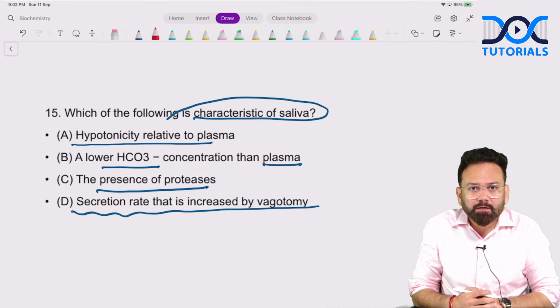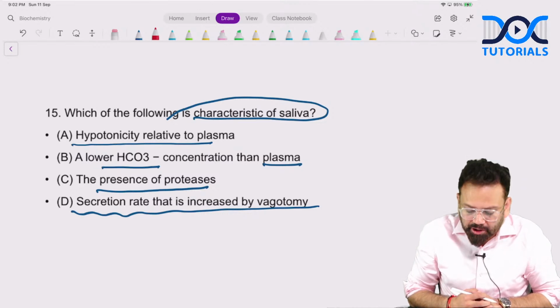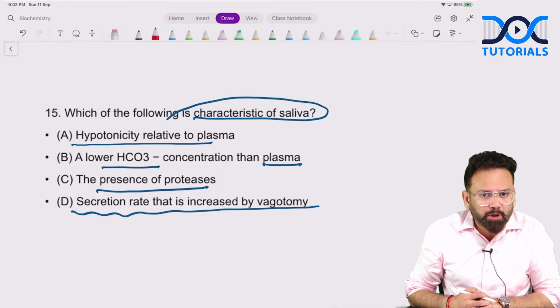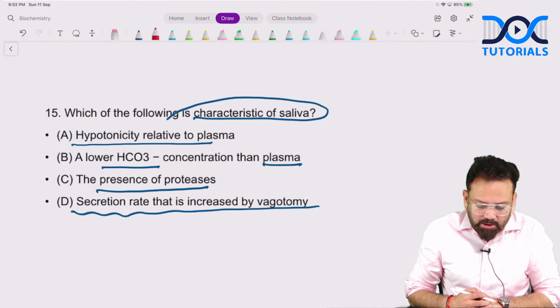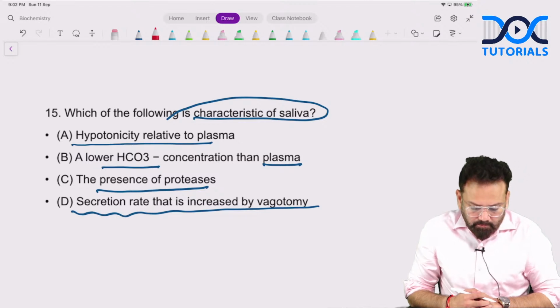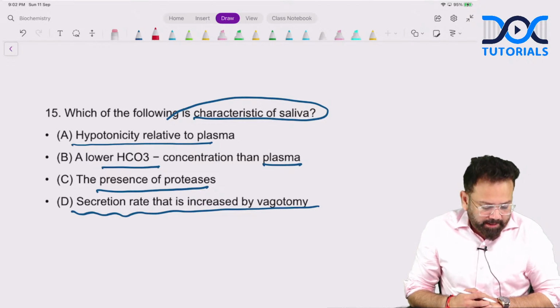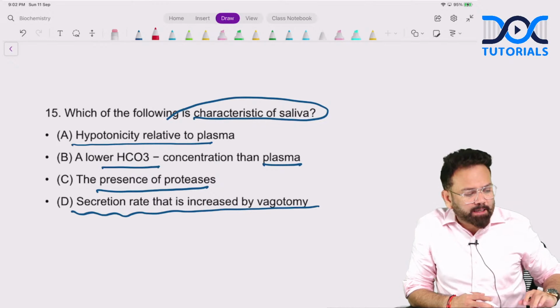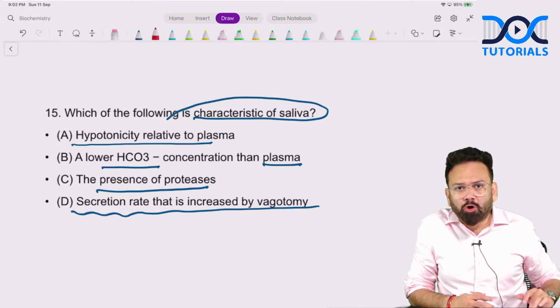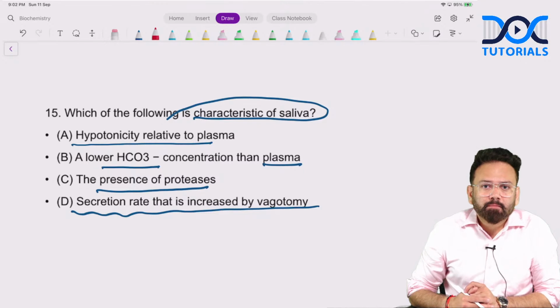Is it hypotonic relative to the plasma? Yes or no? Please everyone try to answer. Don't hesitate in answering. You can be right, you can be wrong. If you are wrong, you will learn. No problem.